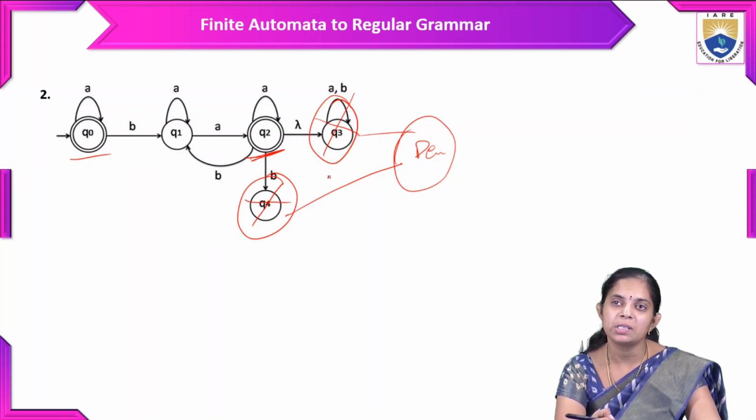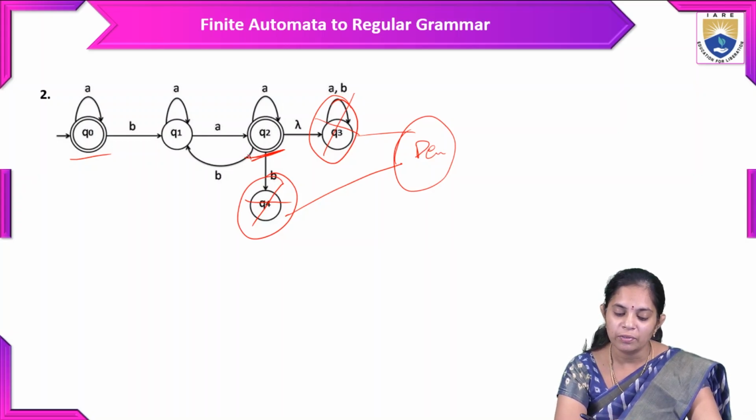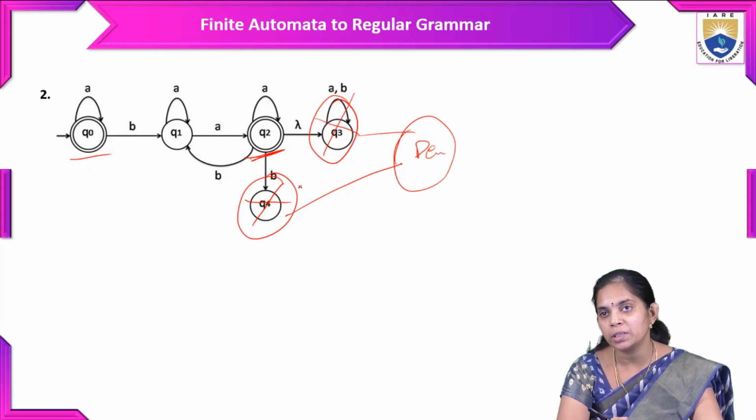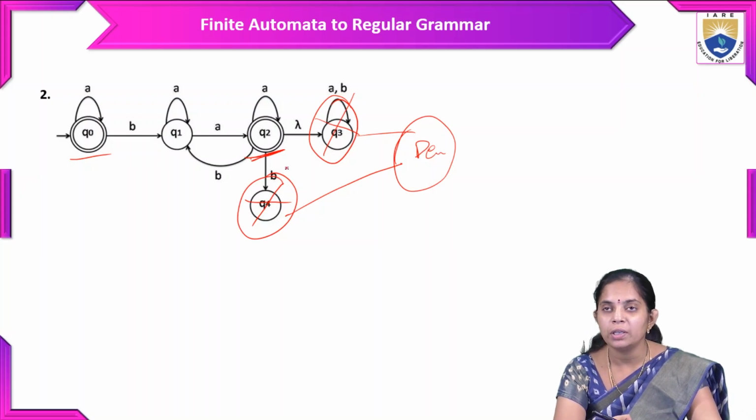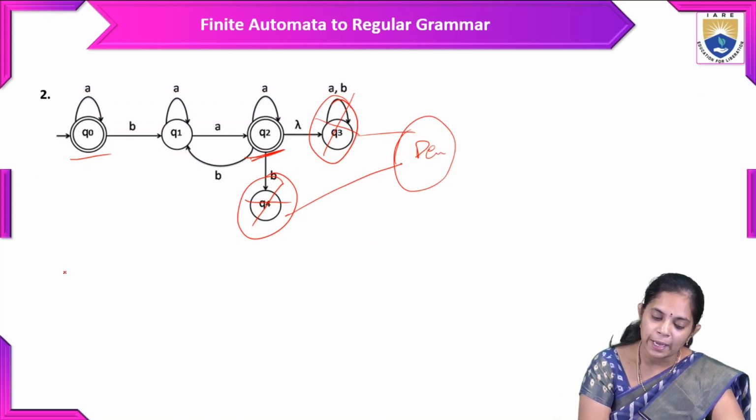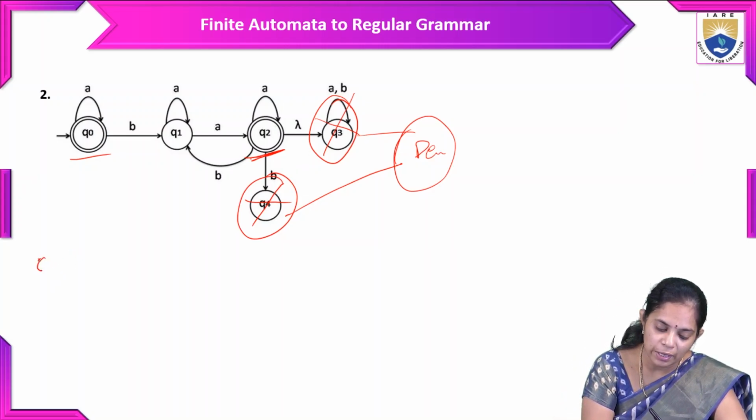So in this minimization, we need to remove the dead states after reaching the final state, and construct the regular grammar for the given finite automata. First we will write the finite automata, that is Q naught, Q1, and Q2.